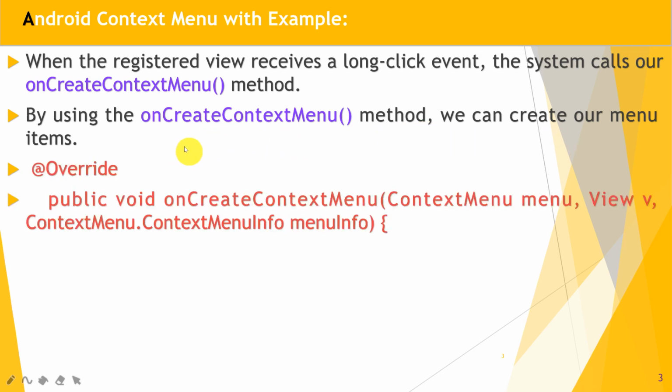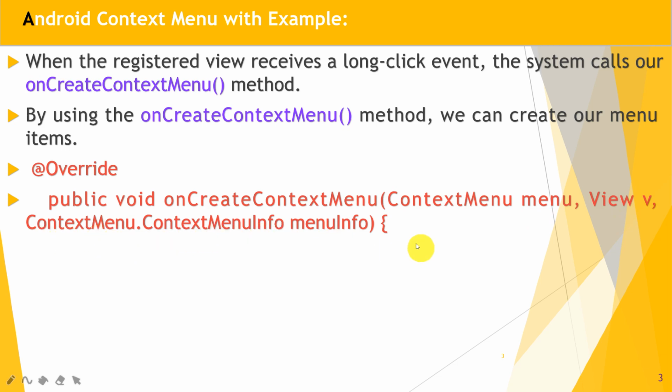Here we have to override onCreateContextMenu. For that there are three arguments we have to pass. One is the context menu object, then the view which we have registered for the context menu, and the context menu info.